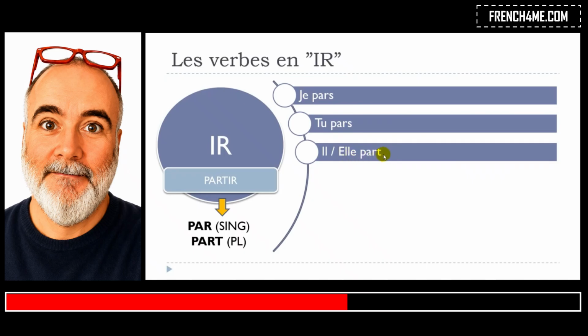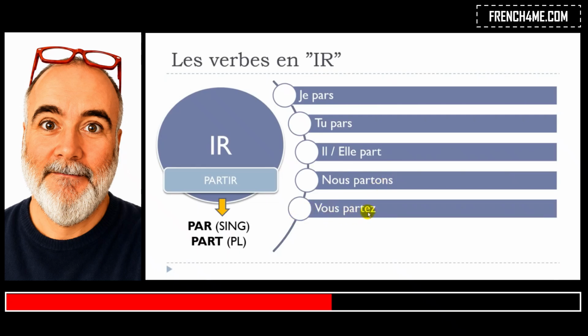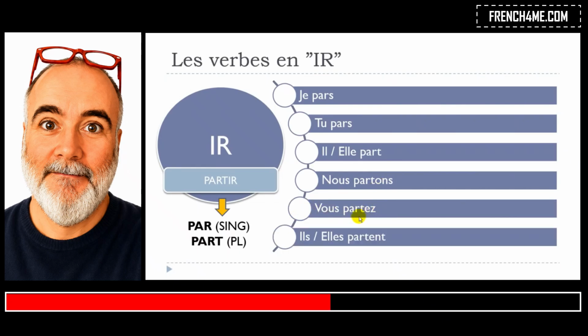The same form. And then, if you think about what we saw, here we should have this first part here, and then the endings after. And that's the reason why we will get nous partons. Okay, so you get this P-A-R-T, and then we put the ending O-N-S, the classic one. Vous partez, same way, and then obviously we'll have ils partent, elles partent.